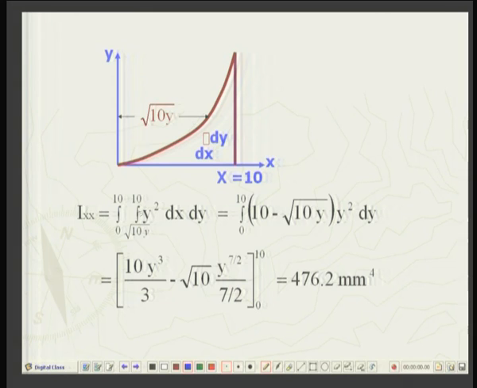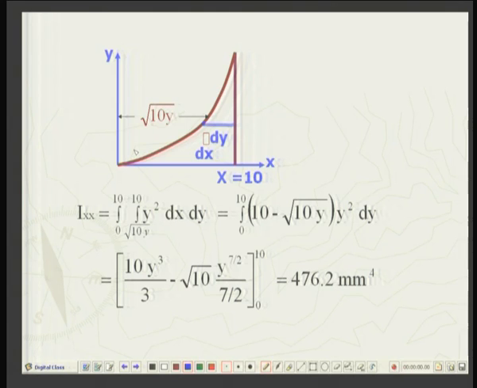So, then it will be y square, dA will be replaced by dx into dy, and what will be the limits for, let us say, x. Suppose I take any point here. So, x will be varying along the x axis from this point to this point. On this side the distance x is equal to 10, and here it is obtained by the equation, that is the square root of 10 y.